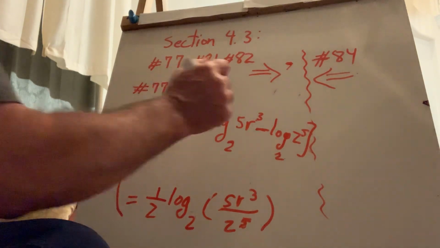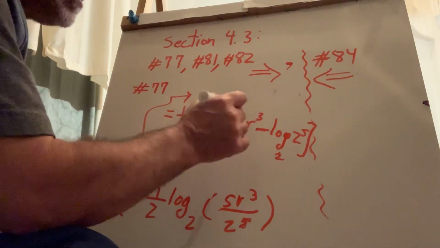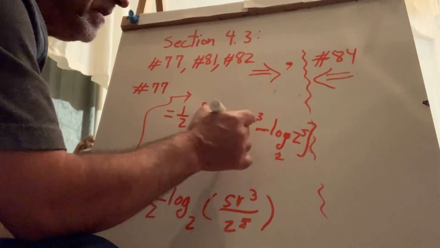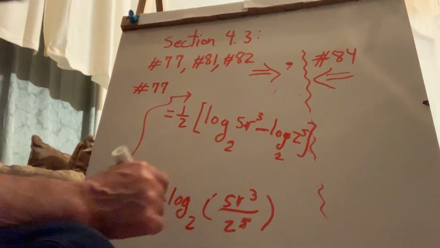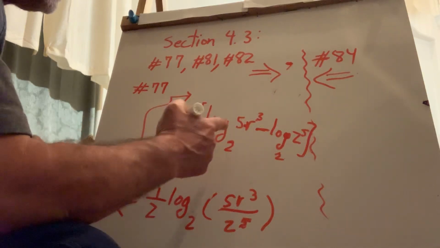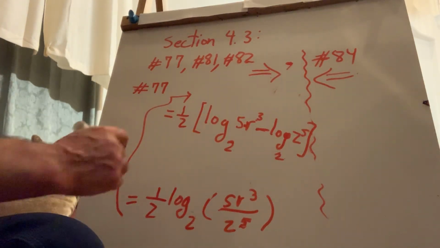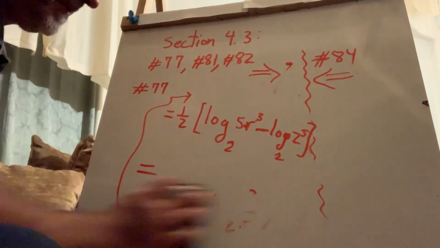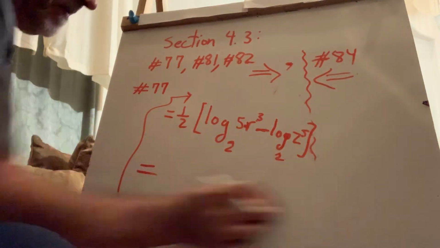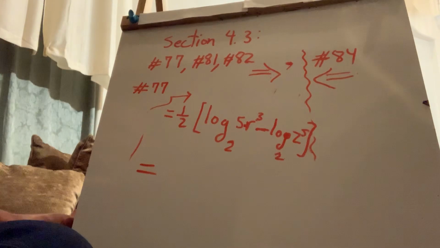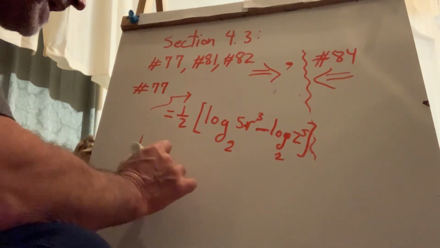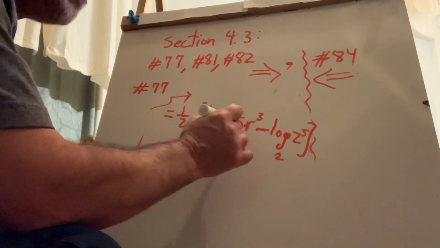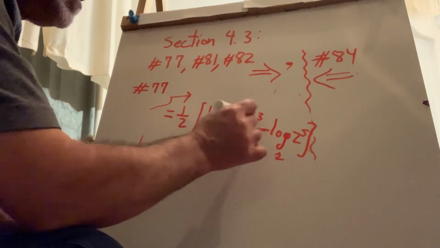Okay, so now the next thing is we're going to have to go back to our first log since we can't have any products left. As you remember, I told you a minute ago, 5r cubed means, of course, 5 times r cubed. So we're going to go ahead and remove that product by the product property. That says this is the same thing as 1/2. As we said, the log of the product is the sum of the logs: log of the first factor plus log of the second.